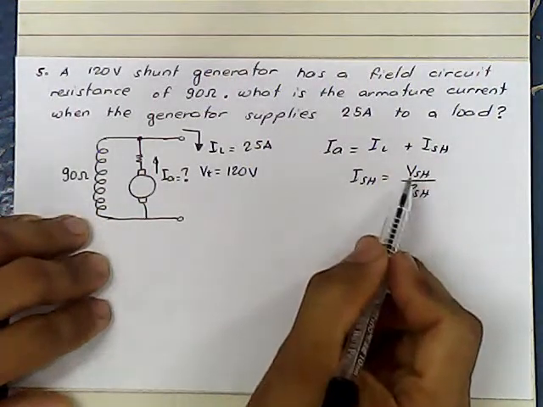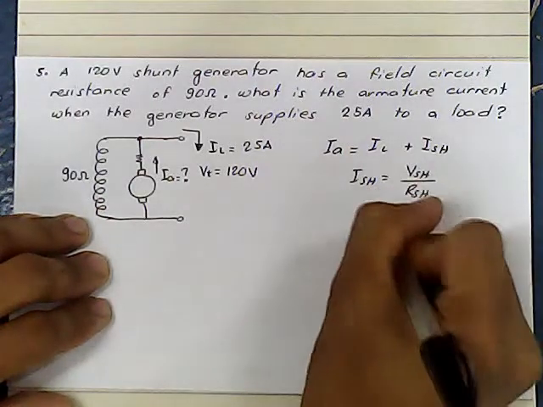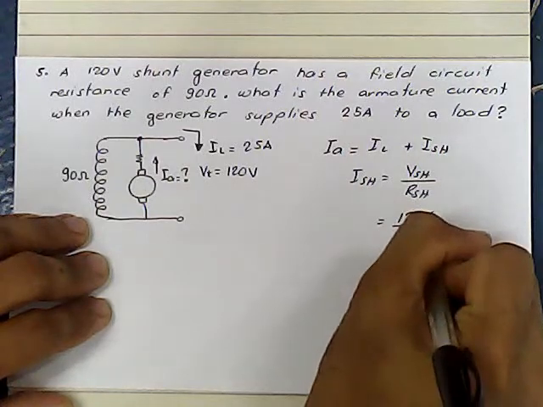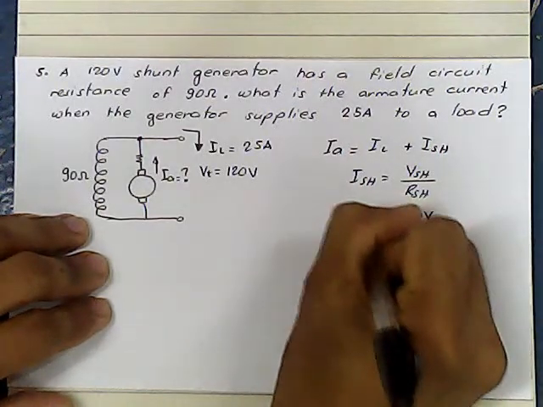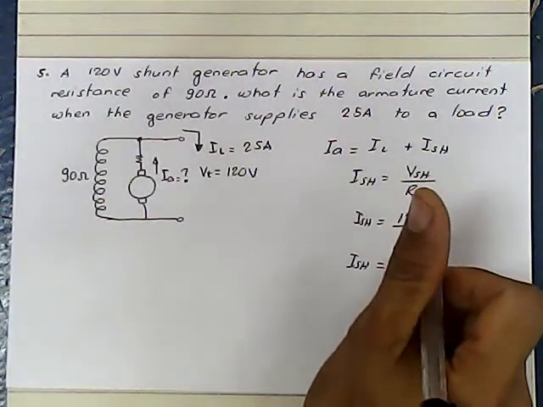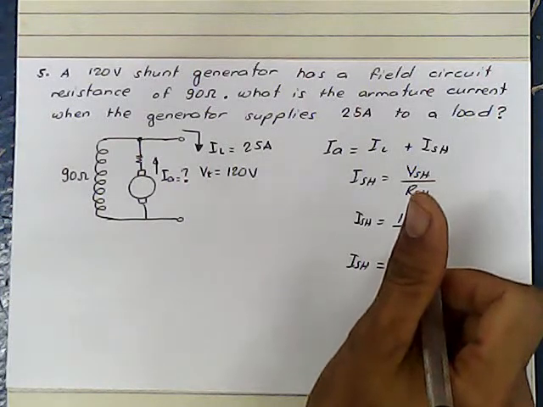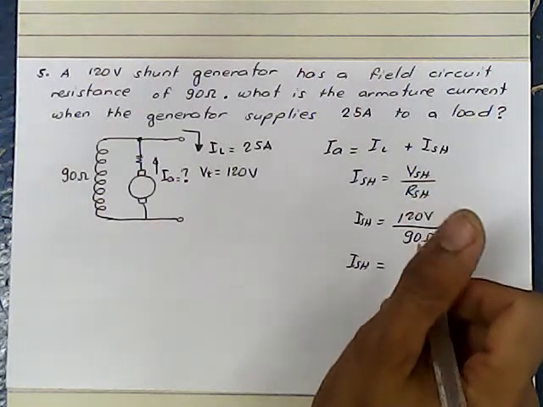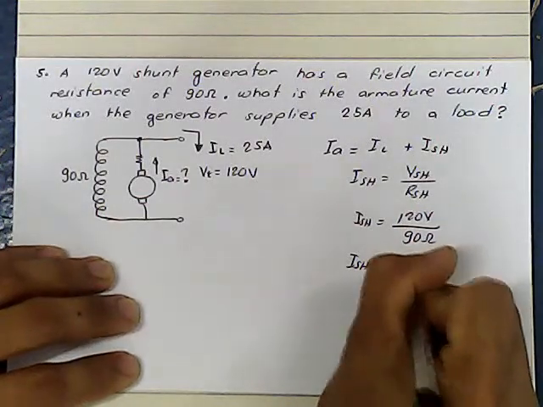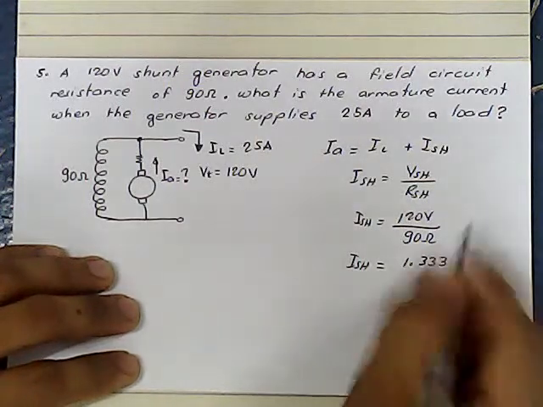Again, the terminal voltage is equivalent to the shunt field voltage. So you have 120 volts, divide that by 90 ohms. So ISH is equal to 120 divided by 90. That will give us 1.333 amperes. So, it's a repeating 3.